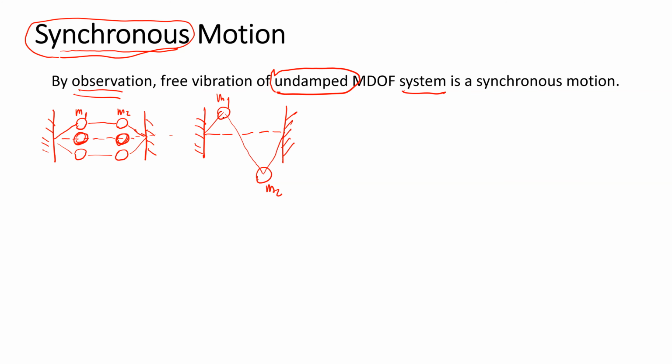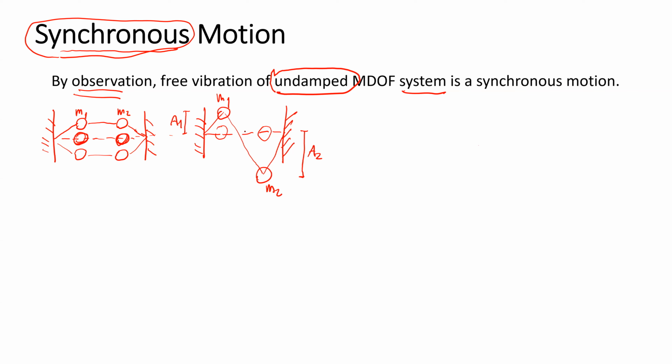And when this one vibrates back to equilibrium, the other also moves to equilibrium at the same time. So this means that the magnitude can be different, and the direction can also be different.